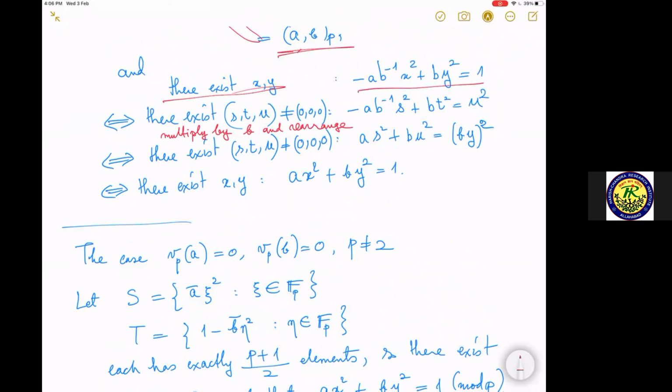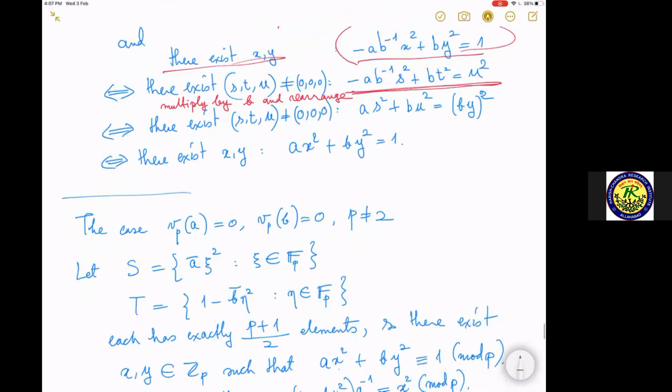That this inhomogeneous equation will have a solution xy if and only if the corresponding homogeneous equation has a solution different from 0, 0, 0. So there exists xy satisfying this equation if and only if there exists stu different from 0, 0, 0, which satisfy this homogeneous equation.